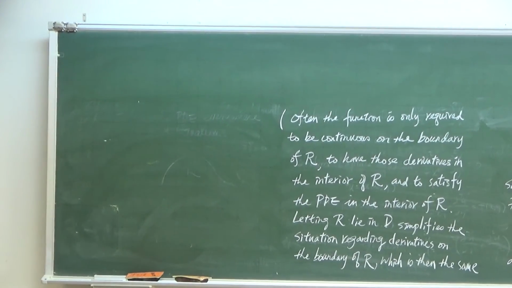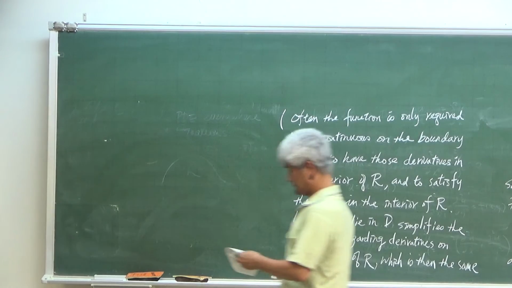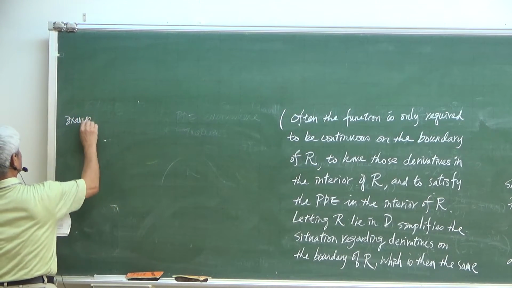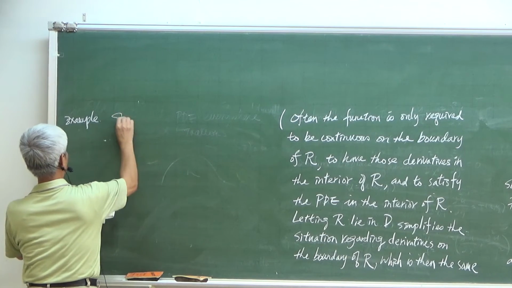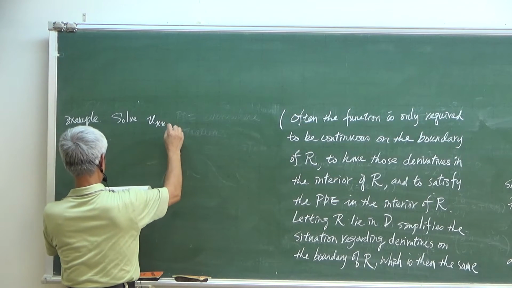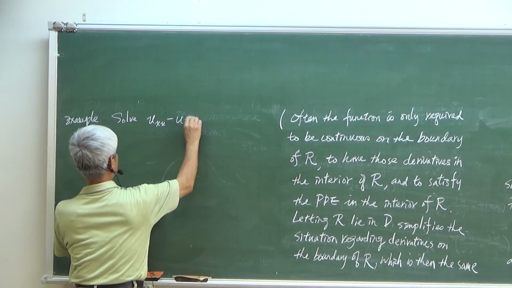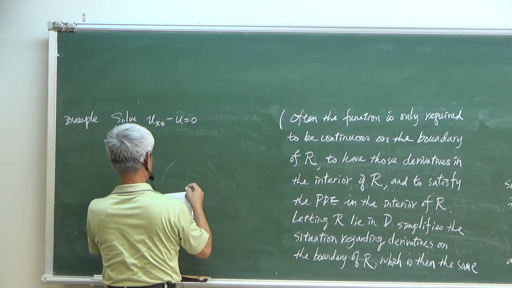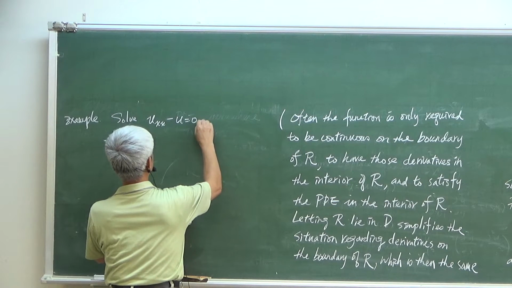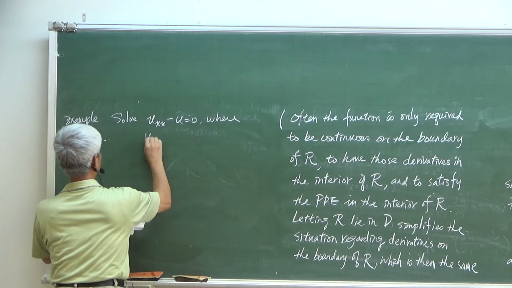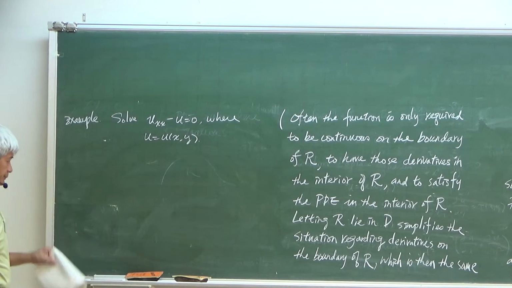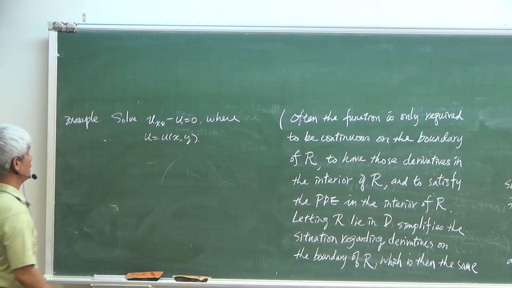Okay, so let's take an example. We want to solve u_xx - u = 0, where u = u(x, y).